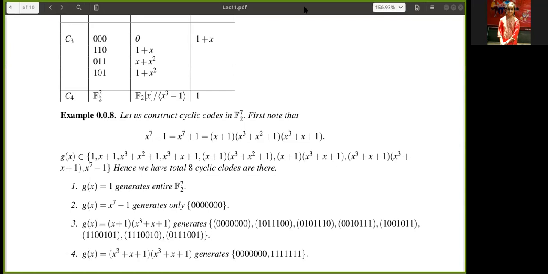Why 2 power 3? So there are 3 factors for this, and we are taking a combination of any 2. Exactly, 2 power 3 are there. So how many total? 8, right?